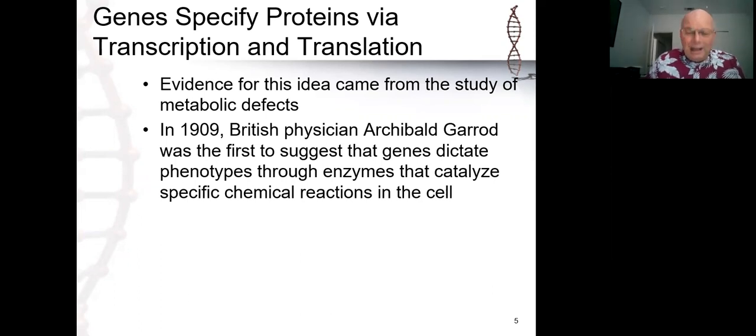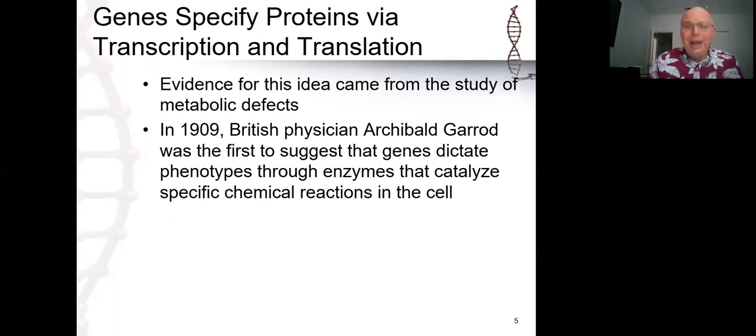And he realized, because he had a very strong background in the latest biochemistry, that this must be geared to an enzyme that was involved in a chemical reaction occurring in or not occurring in the individuals who suffer from alkaptonuria.